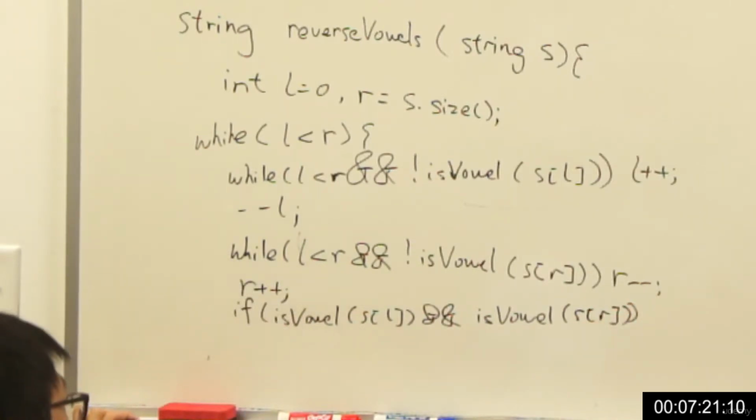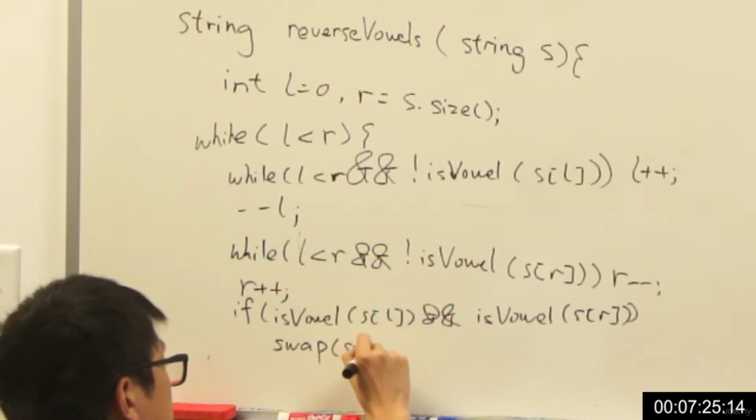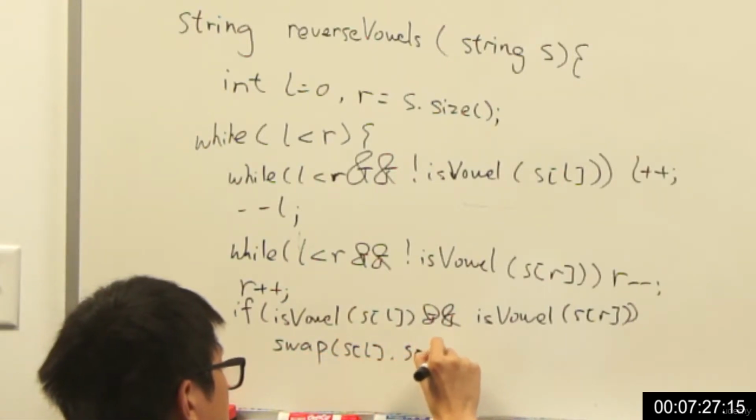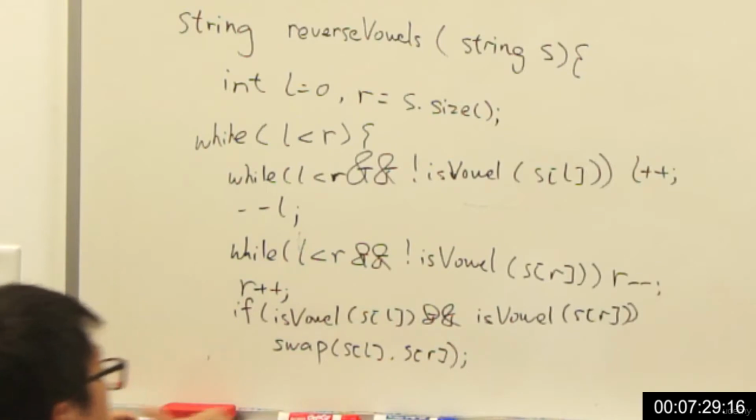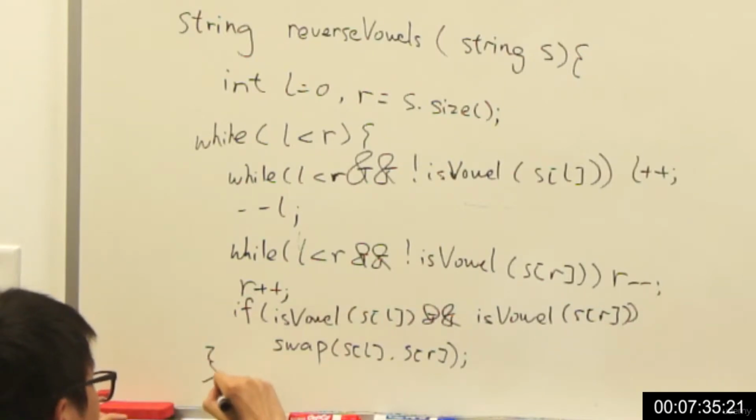Then we can swap. I think that's pretty much it. And then finally we can just return s.